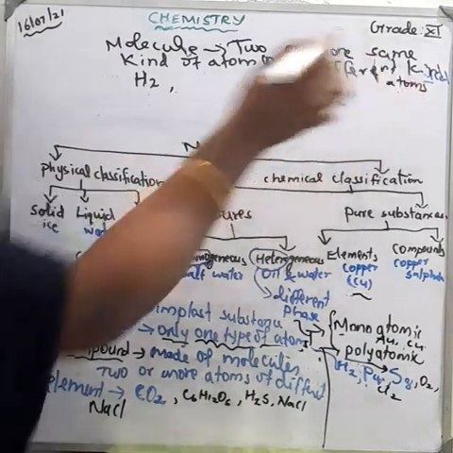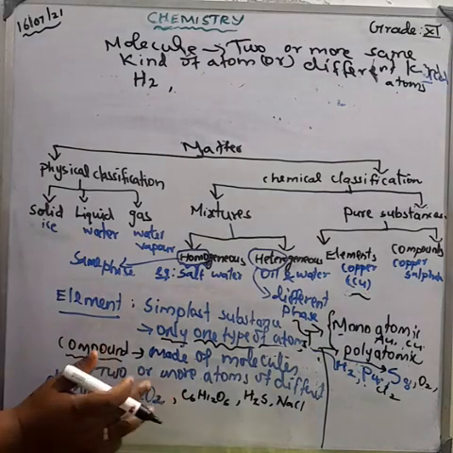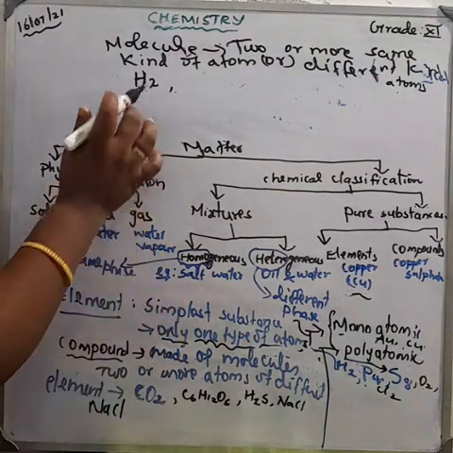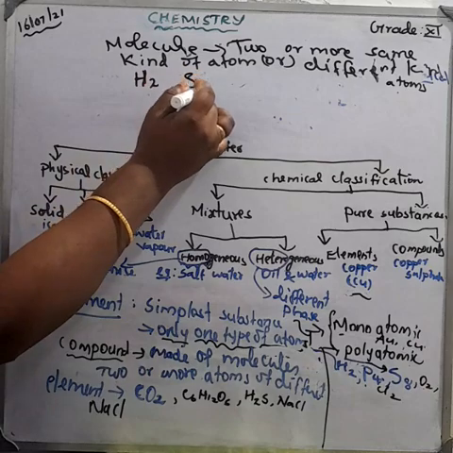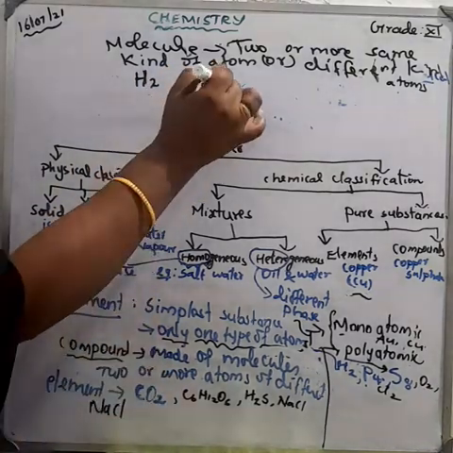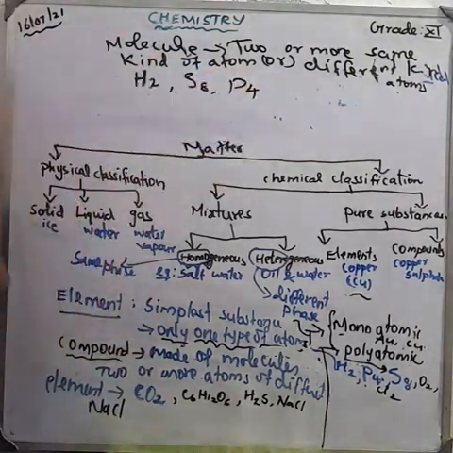So hydrogen, H2, we cannot say is a compound. Sulfur, S8, and phosphorus, P4, are also not compounds. They are only molecules.